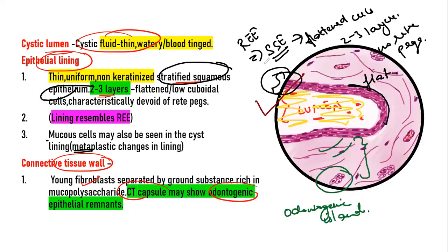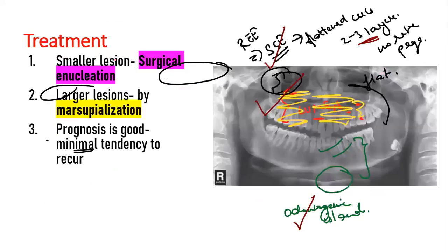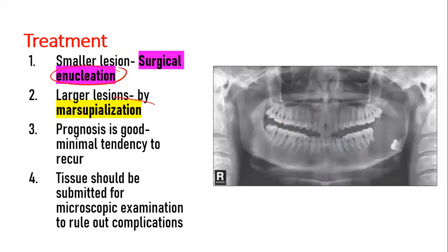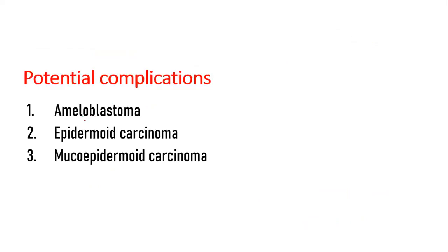Your epithelium lining is non-keratinized stratified squamous epithelium, 2 to 3 layers, and the connective tissue might show odontogenic islands. The treatment includes surgical enucleation for smaller lesions and marsupialization for larger lesions. It has minimal tendency to recur, and the potential complications include ameloblastoma, epidermoid carcinoma, and mucoepidermoid carcinoma.